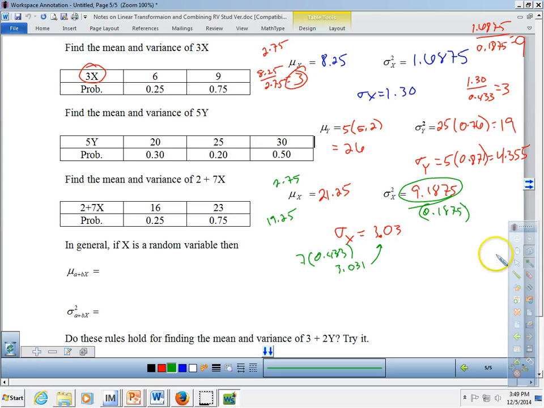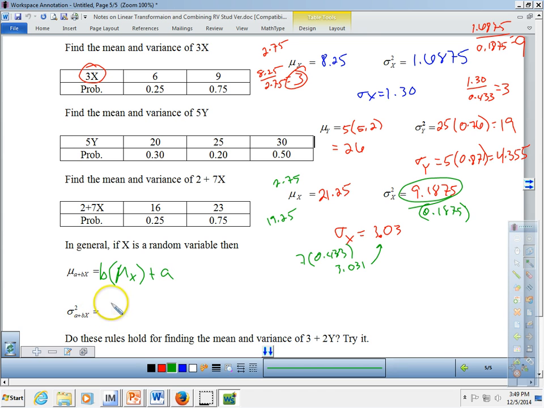So bottom line is, it's the exact same rules as for regular variables. Random variables follow the exact same rules. If I'm going to multiply all of my random variable values by a constant b and then add a constant a to it, then I have to take my old mean, multiply it by that same factor b, and add a to it.